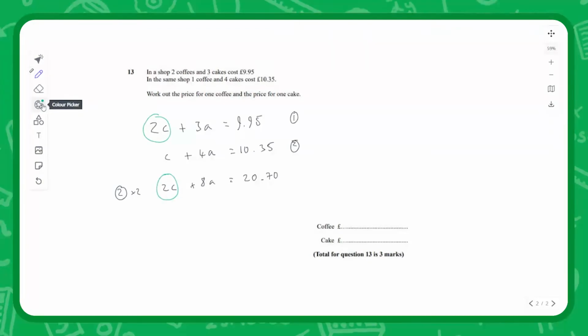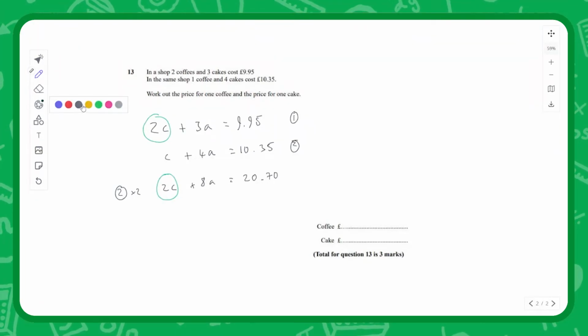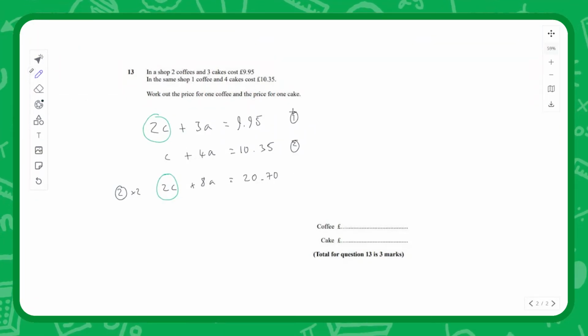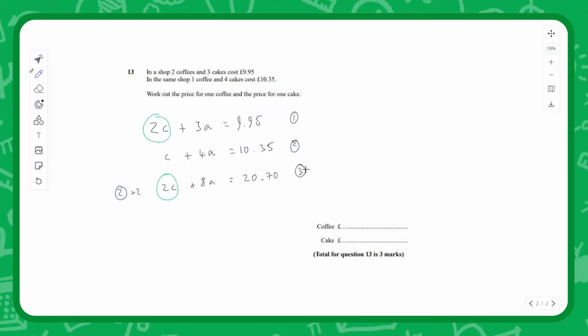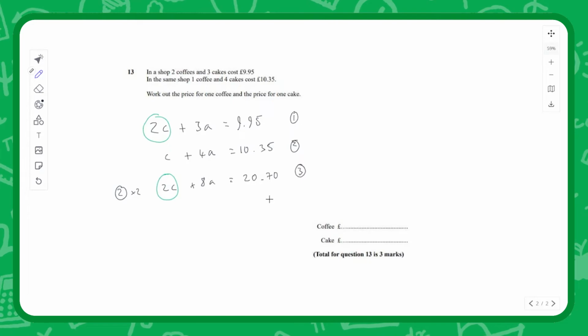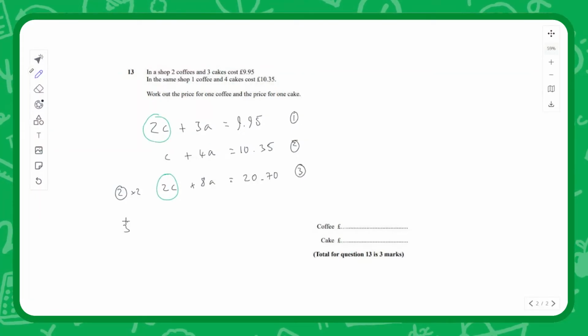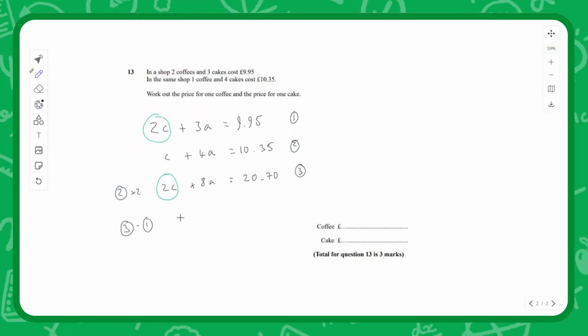If I want to get rid of that 2c term, I can take equation, we'll call this equation 3. I'm going to take equation 3 and subtract equation 1 from it. So I'm going to do equation 3 minus equation 1.